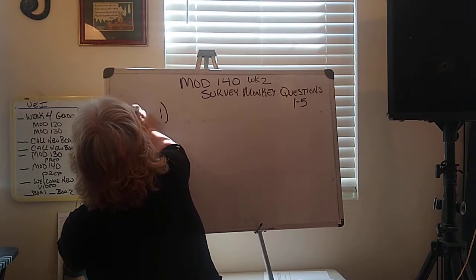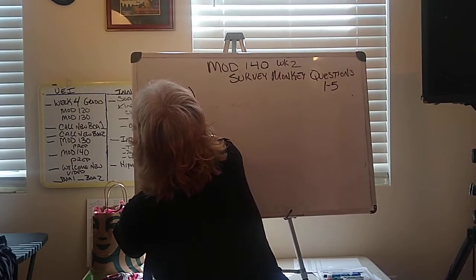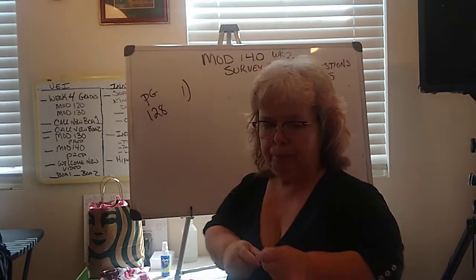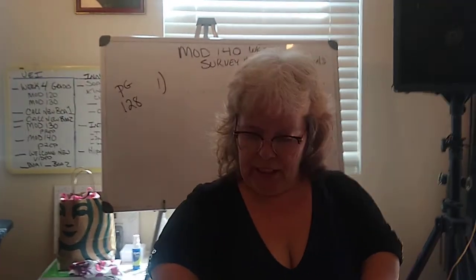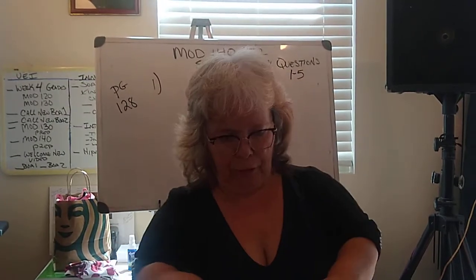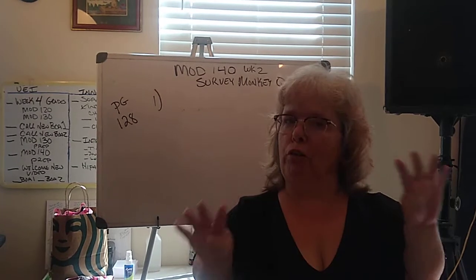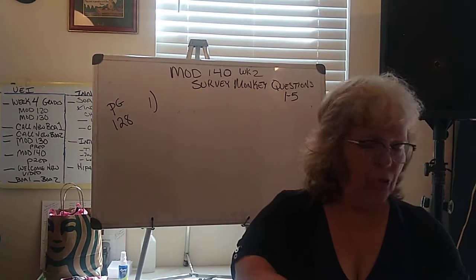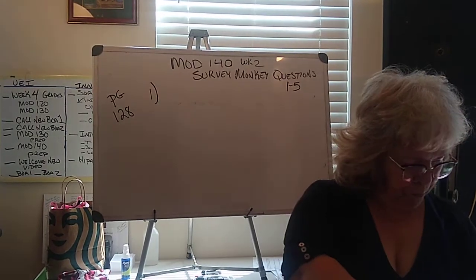You can find the answer to this on page 128 in your textbook. This week we are dealing with chapters 5 through 8, so these questions will be scattered throughout those 4 chapters. So 128, let's go ahead and go there.